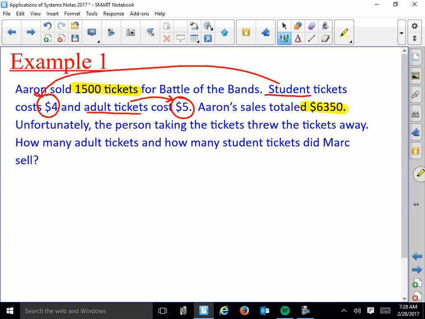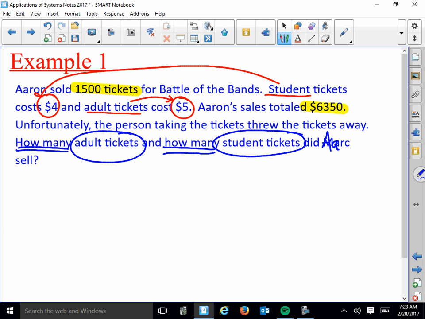$6,350. Unfortunately, the person taking the tickets threw the tickets away. We're supposed to determine how many adult tickets and how many student tickets did, I think that's supposed to say Aaron sell.